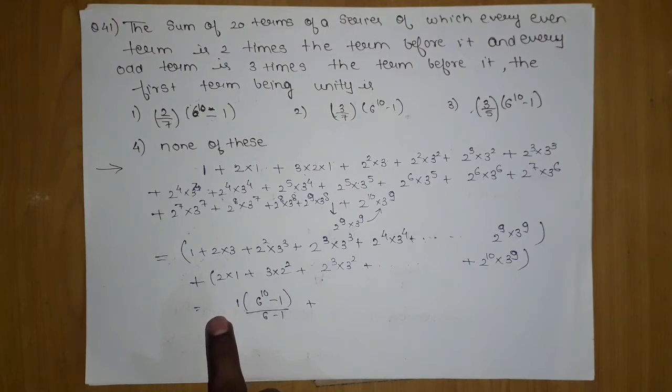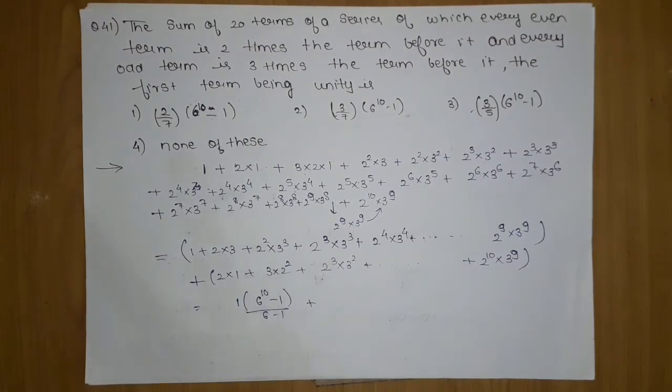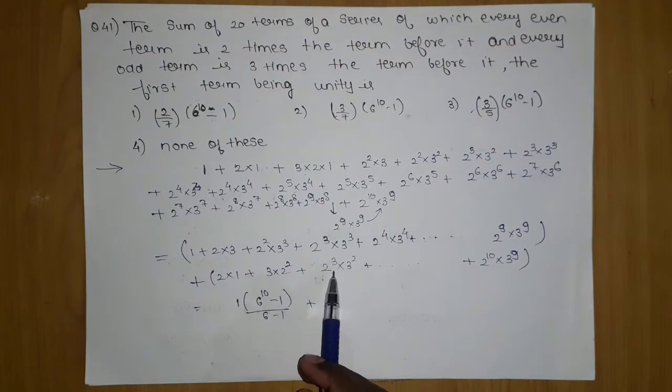We should observe which terms are in AP and which terms are in GP. So here, this is 2, this is 3, how can we play it? Let's think how we can. This is 2, then 2 square, then 2 cube, and so on till 2 power 10.